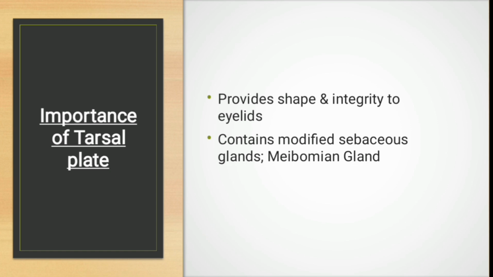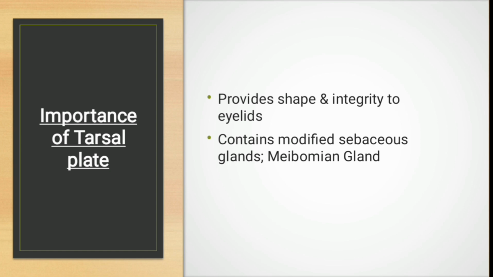And then we have the modified sebaceous gland, the gland that produces the sebum oil. The major gland that produces oil that helps in the production of the lipid layer in the tear film is the Meibomian gland. That gland lies in the tarsal plate.